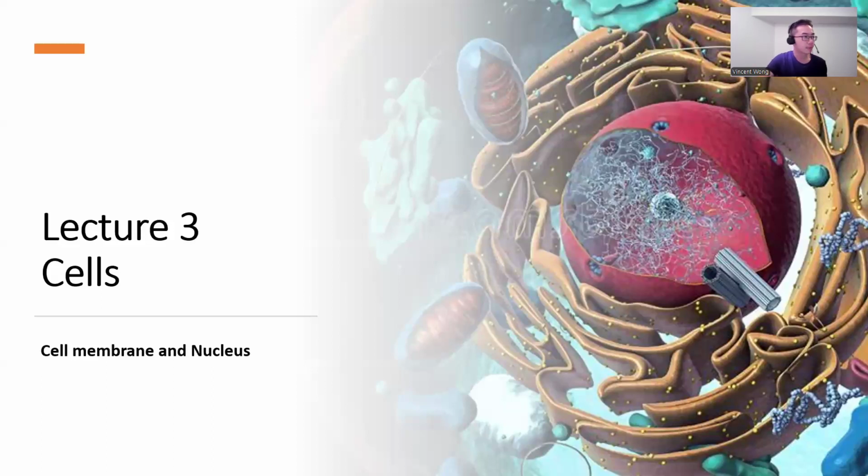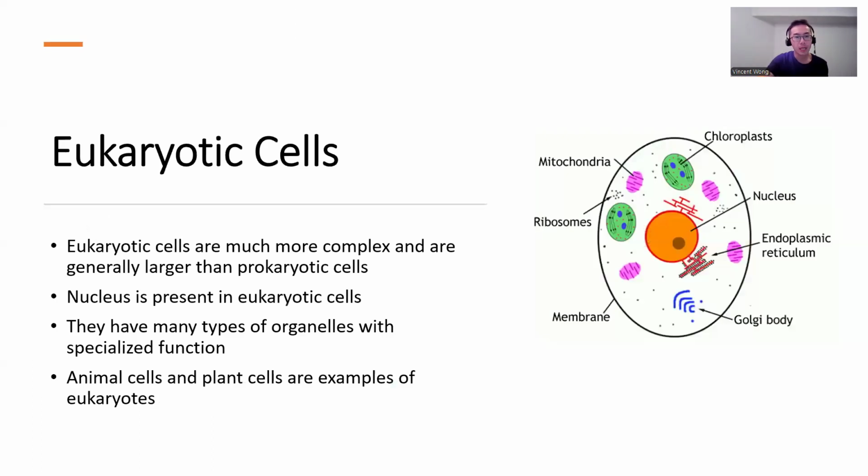Okay, next we're going to talk about the cell membrane and the nucleus. So, when it comes to classifying cells, we have two categories. We have what's called eukaryotic cells, and sometimes you can just say eukaryotes.